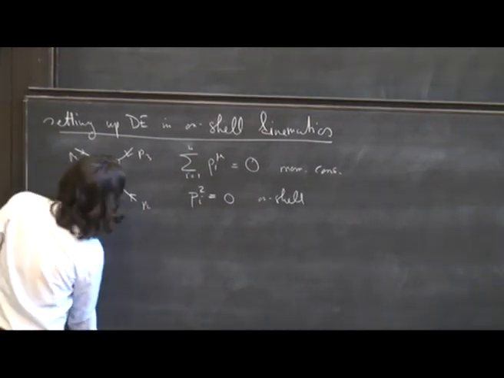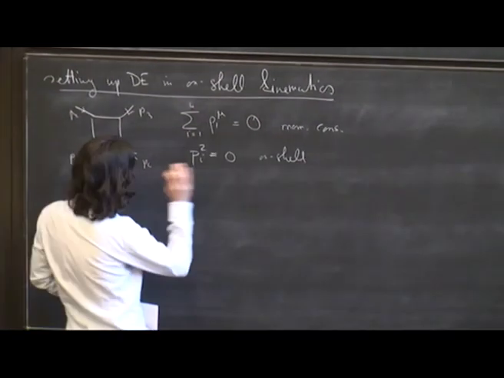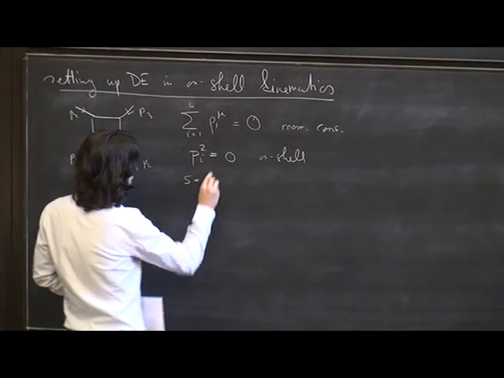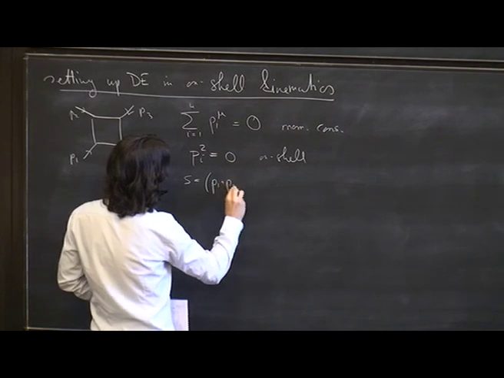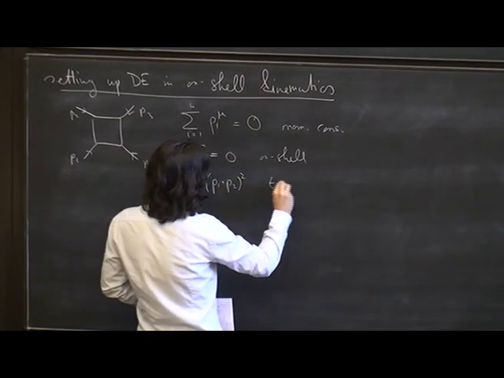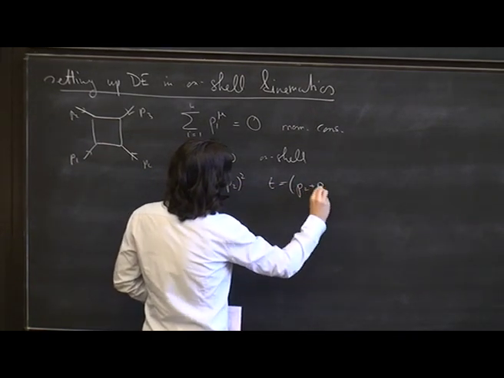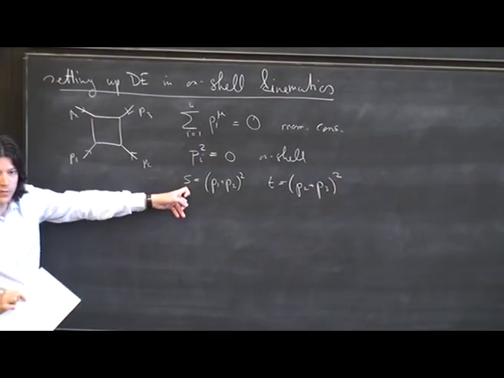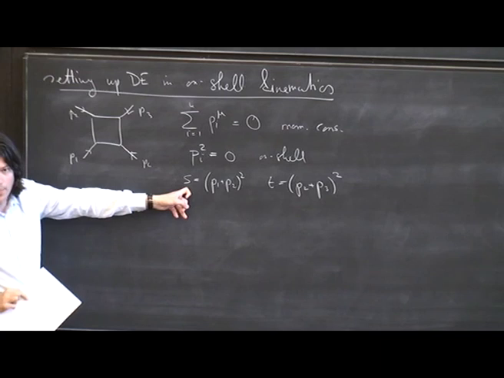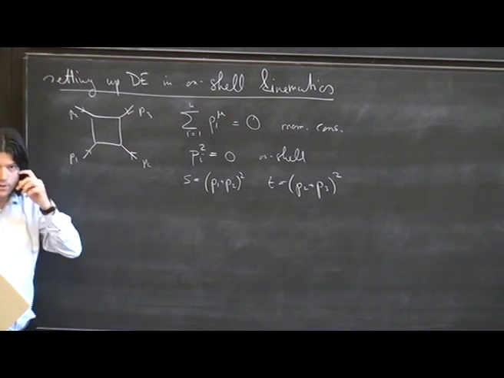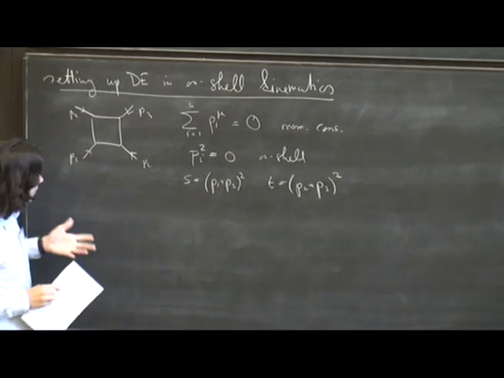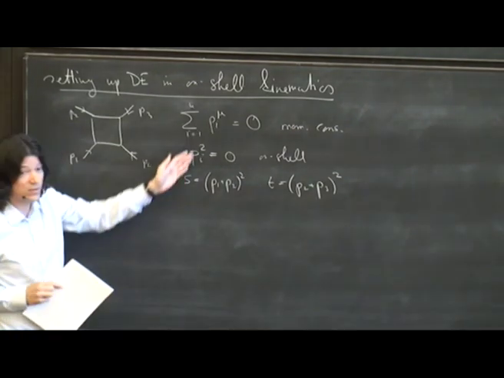So what we want to do at the end of the day, we know that this object just depends on invariants S and T, like so. So what we want is to differentiate with respect to S or T. But the Feynman integral that we can act with the derivatives on is expressed in terms of these momenta.